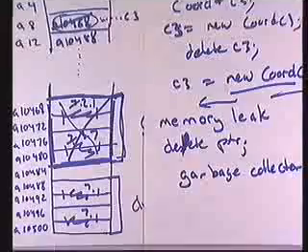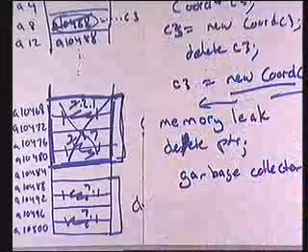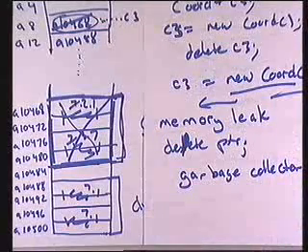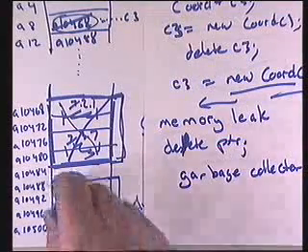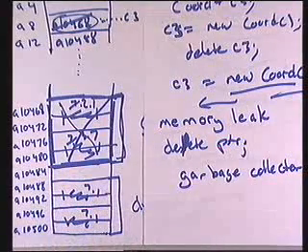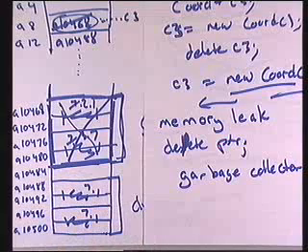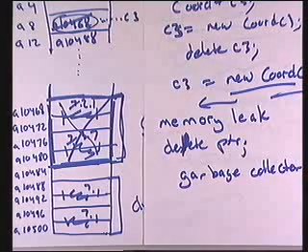And so it's acceptable then to go ahead and call delete on C3. That will go read the address of C3, jump to that address, and get rid of that block. And the issue then, of course, is that garbage collection tended to be slower simply because the machine had to figure out what was in use and what was not.